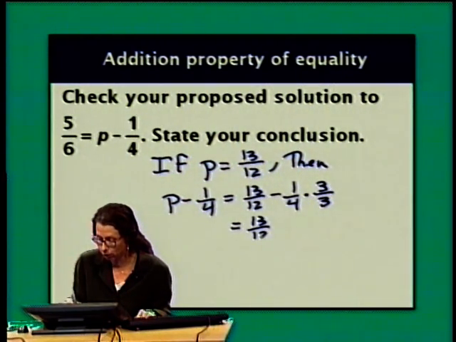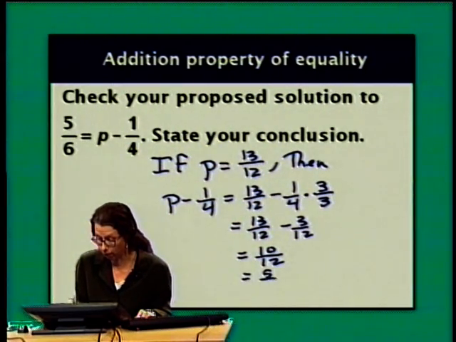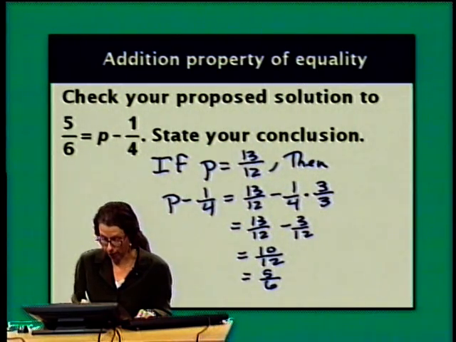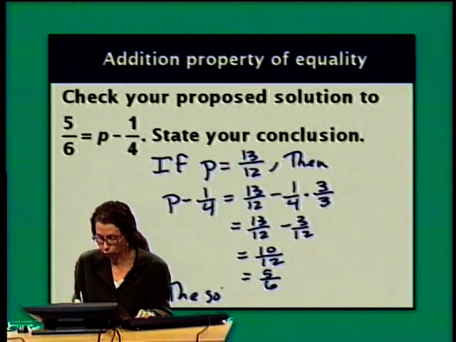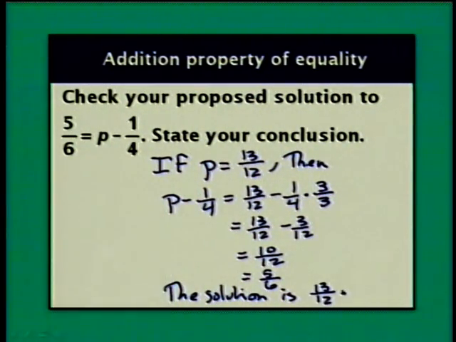So I have 13/12 minus 3/12, which simplifies to 10/12, and 10/12 reduces to 5/6. So my conclusion is the solution is 13/12.